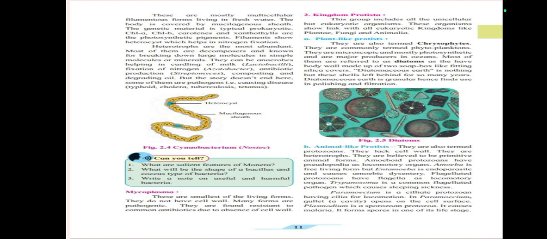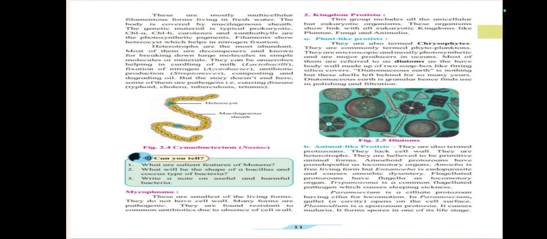Animal-like protistans are also termed protozoans. They lack a cell wall. They are heterotrophs. They are believed to be primitive animal forms. Amoeboid protozoans have pseudopodia as locomotory organs. Amoeba is a free-living form, but Entamoeba is an endoparasite and causes amoebic dysentery.